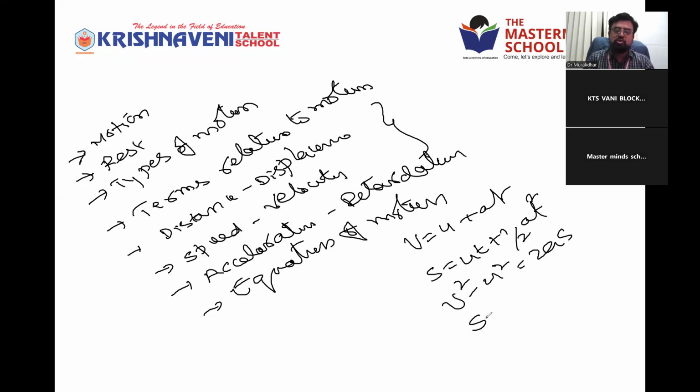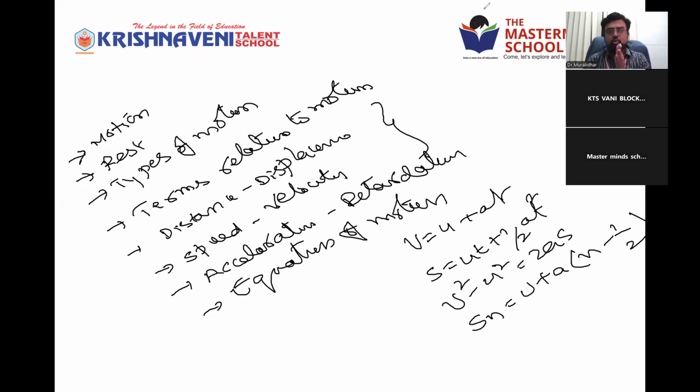And of course, the fourth one also there: Sn = u + a/2 (2n - 1). So these are the four equations of motion related to the terms obtained from the motion of a body. These are the topics we covered in the earlier 3 sessions.